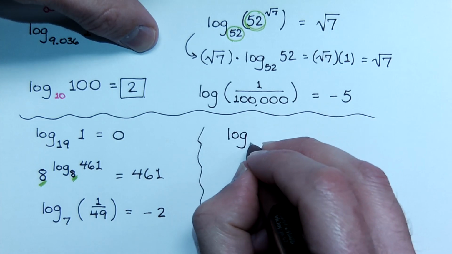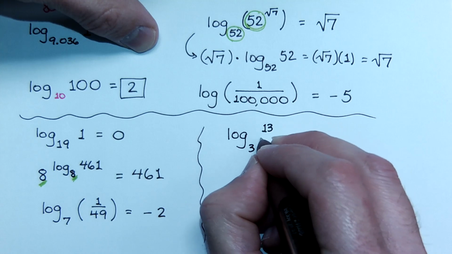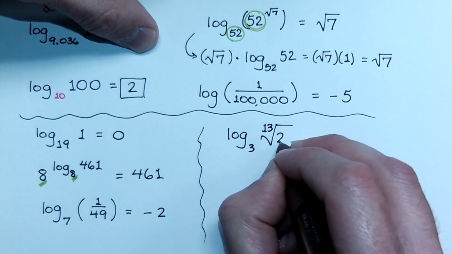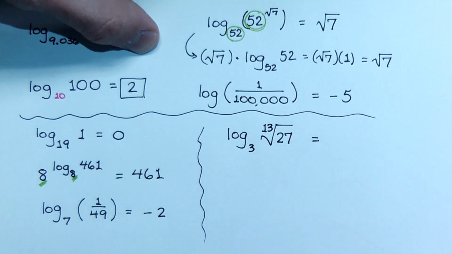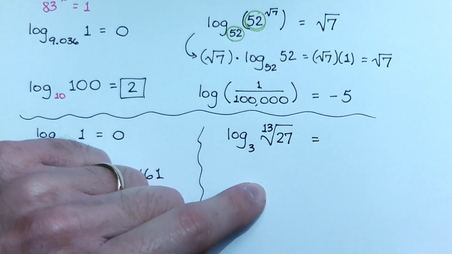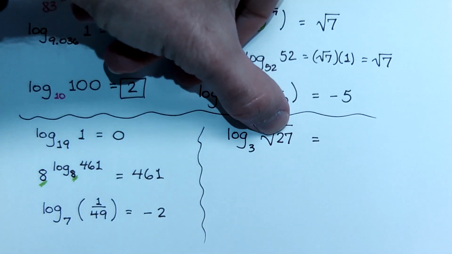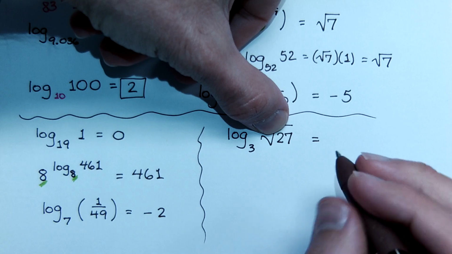Log base 3 of the 13th root of 27. So if I did not have the root here, what power of 3 gives you 27?